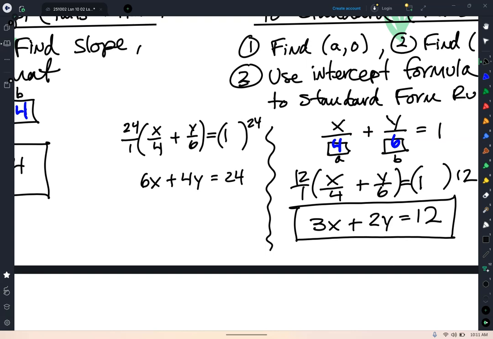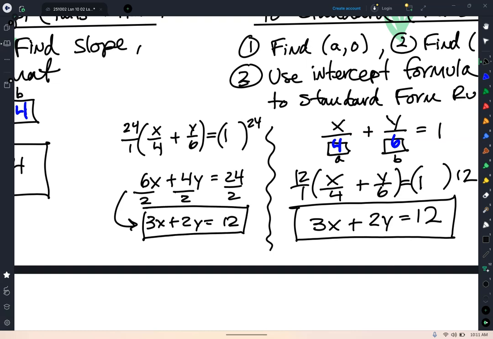Are we in a situation where, again, we've got multiple equations? No, because we can take each of these and divide them by 2, which is the point of number 4, no greatest common factor. You have to divide that out of everybody, and that's how we get back to 3x plus 2y equals 12. That's the answer that you need to put in formative.